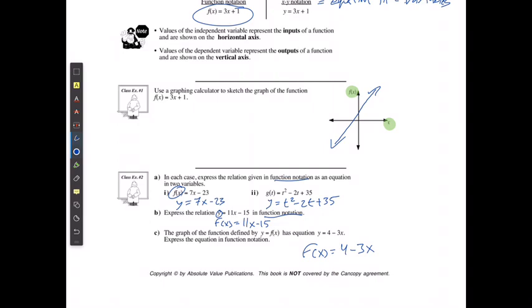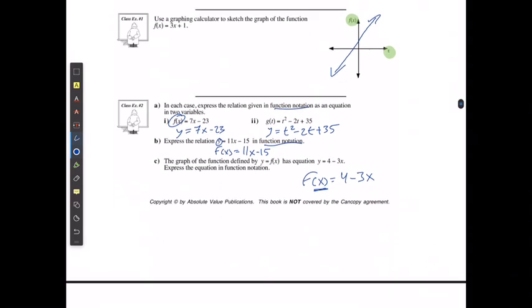So when it says function notation, we're looking for f of x or g of x or c of t, whatever the variables happen to be. If I want two variables, then I'm just going to get rid of the bracketed part, saying that it's going to be dependent on the other one.